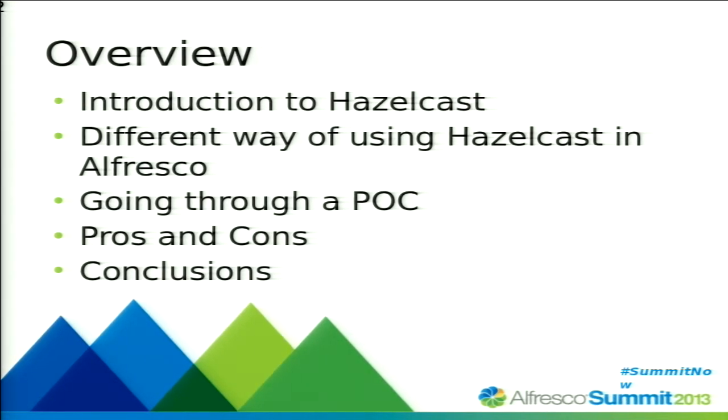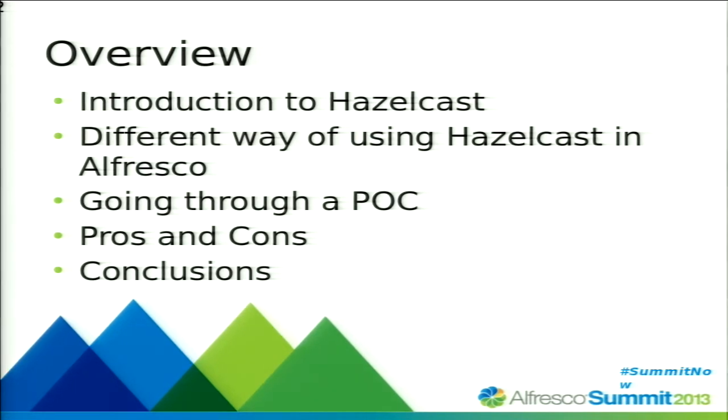After that, the idea was to go through how to use it in the context of Alfresco, in a way different to the way it's used now. In 4.2, we have changed our caching layer and we have switched to Hazelcast. And basically, the idea is to use new features or other features from Hazelcast in order to use it as a cache, if I can say it like that.